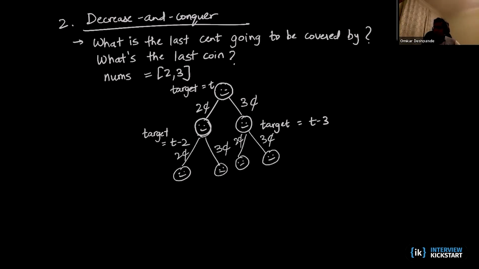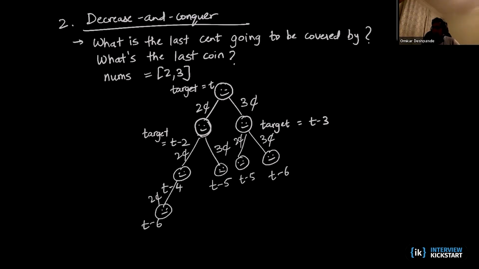So if you look at these second level subordinates, the target amount here is t minus 2 minus 3, so it's t minus 5. Here also the target amount is t minus 5. Here it's t minus 6. Here it's t minus 4.